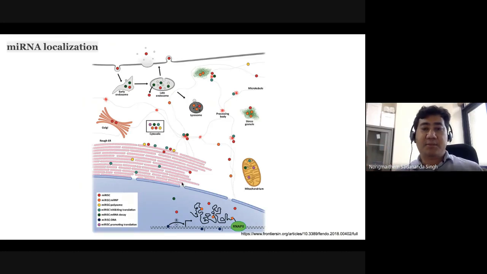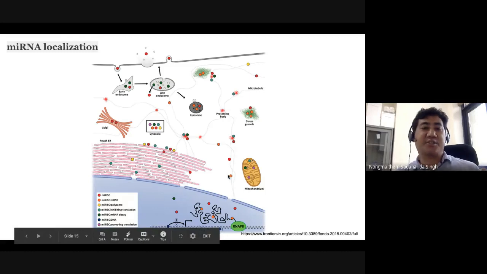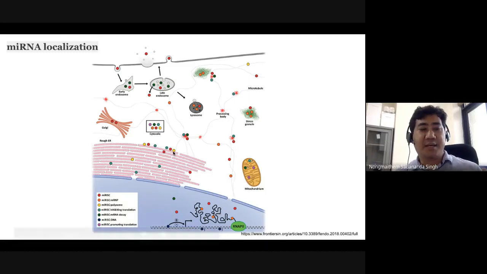For example, translational regulation can happen on the rough endoplasmic reticulum. Rough endoplasmic reticulum, as you all know, looks rough because a lot of ribosomes are at the outer membrane of the endoplasmic reticulum, which helps in the translation of proteins which are supposed to be membrane targeting or to be secreted.